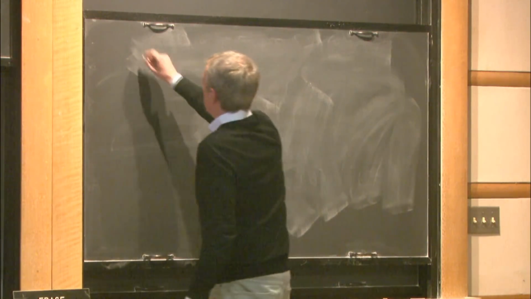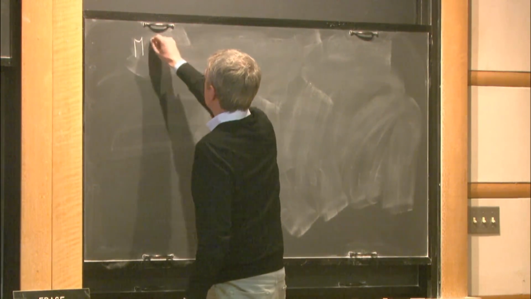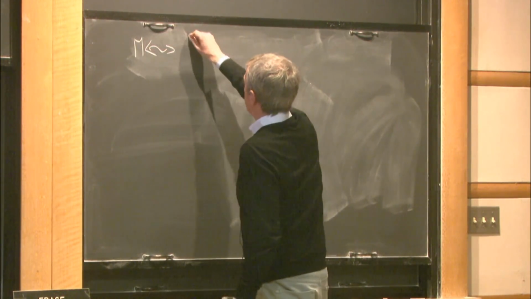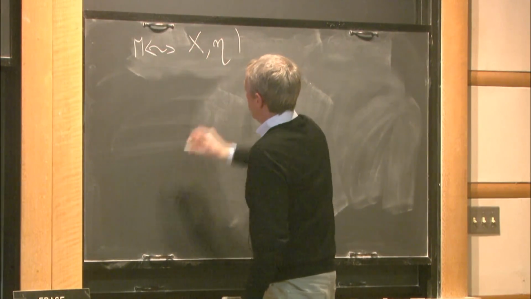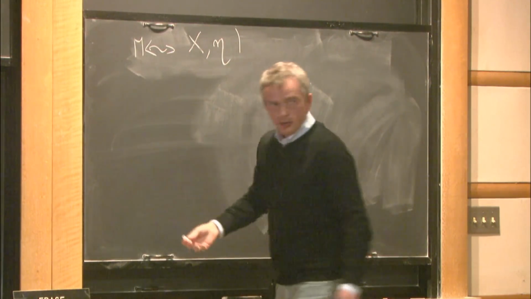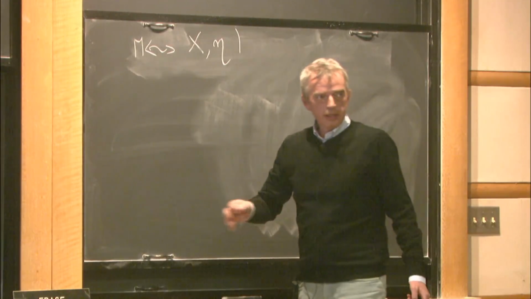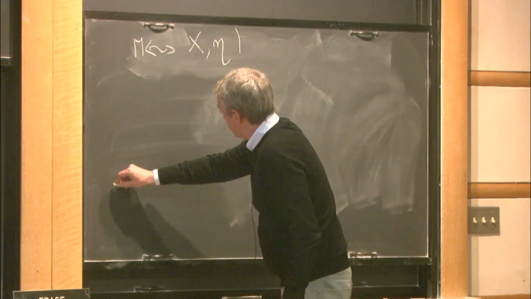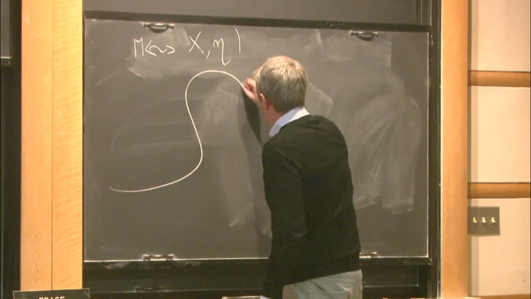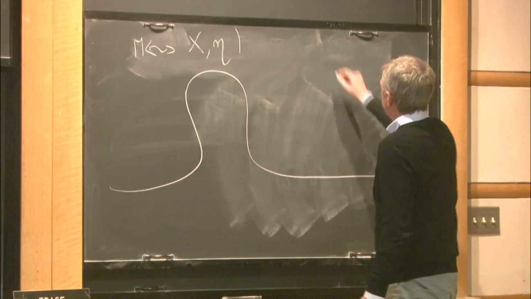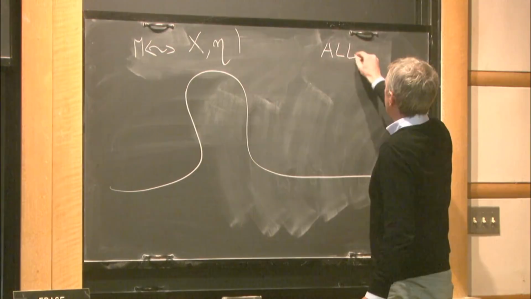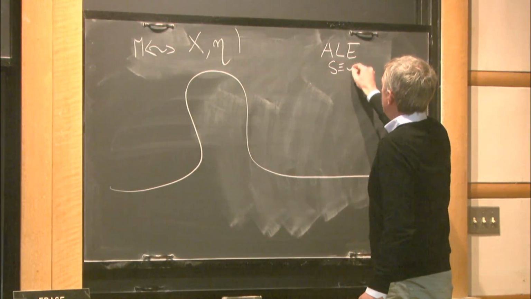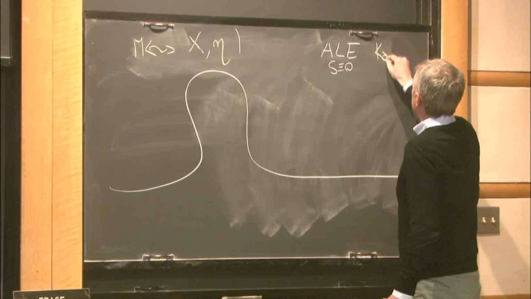So now my manifold M becomes what before was actually the model, X eta. Typically, and this is not just my fault, I did it for a few years, but it's also in books, we always draw these things like an ALE scalar flat space, Kaehler of course.